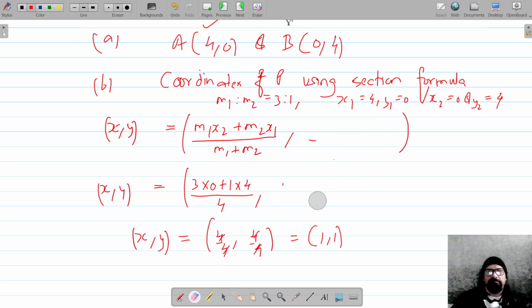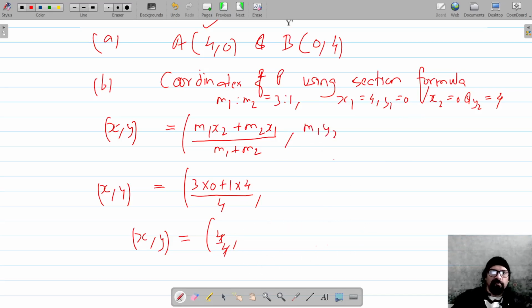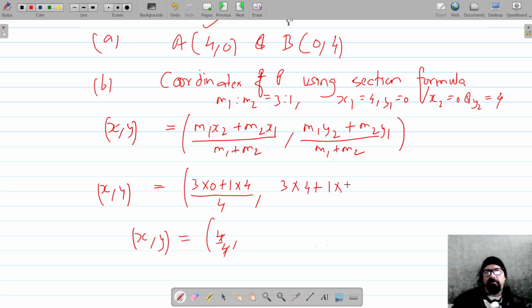Sorry for that. The section formula for y is m1 y2 plus m2 y1 upon m1 plus m2. So m1 is 3, y2 is 4, m2 is 1, y1 is 0, upon 4. So this is 12 by 4.